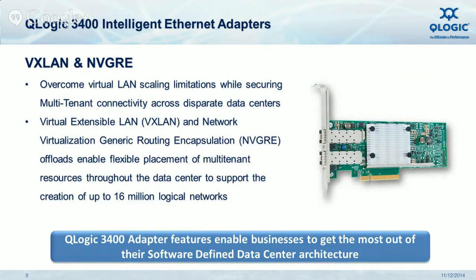And VXLAN and Network Virtualization using Generic Routing Encapsulation, I'm glad there's an acronym for that, it's a mouthful, NVGRE, offloads of those two functions enable flexible placement of multi-tenant resources throughout the data center to support the creation of, yes, this is not a typo, 16 million logical networks. So if you think about the way that you could leverage that and the way you can start connecting all of your sites together and plan for future growth, this card gets you there.